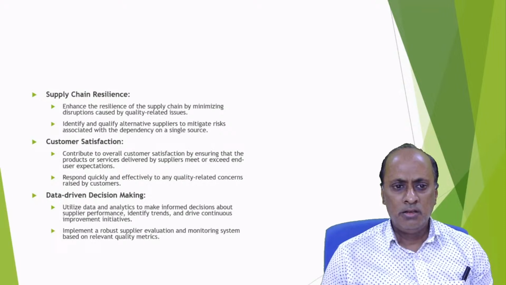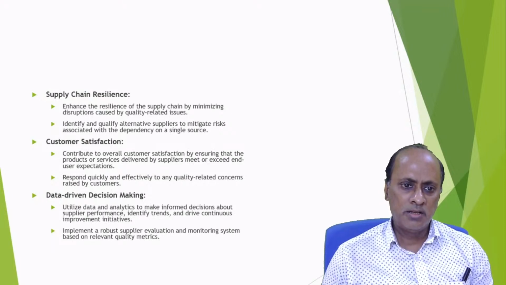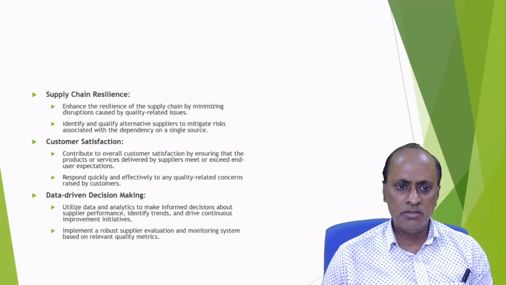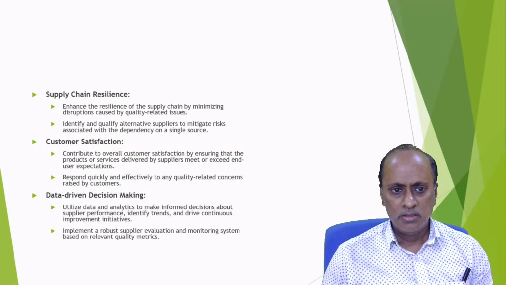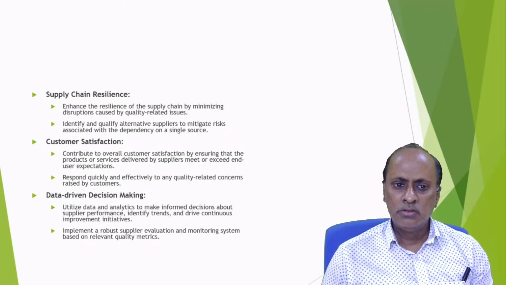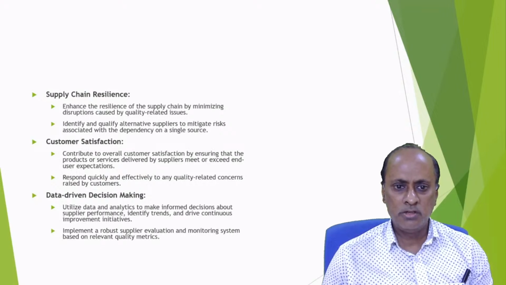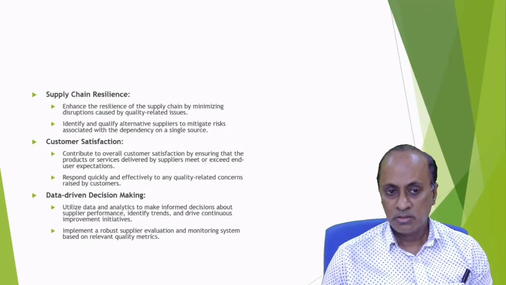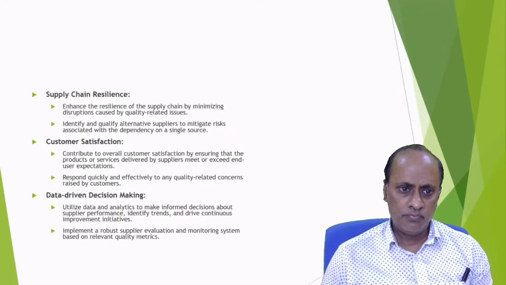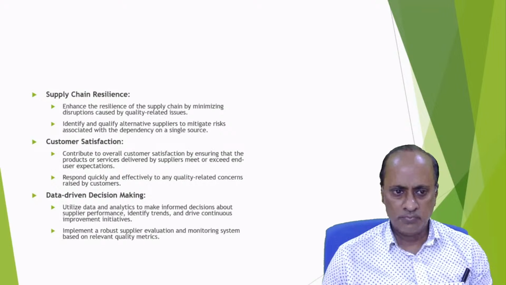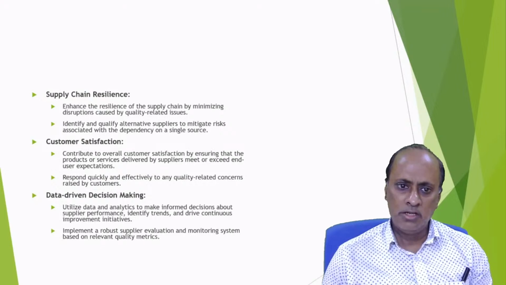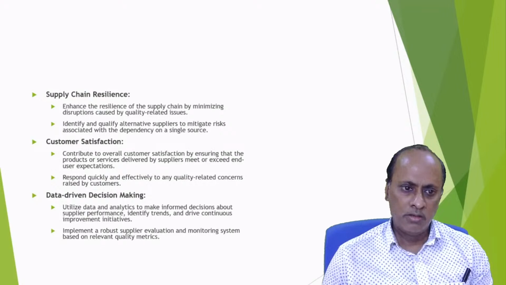Then the next objective is supply chain resilience. Enhance the resilience of the supply chain by minimizing the disruption caused by quality related issues. So identify and qualify alternative suppliers to mitigate risk associated with the dependency on a single source. So the solution for supply chain resilience is we have to have alternative sources of suppliers in case any quality related issues arise.